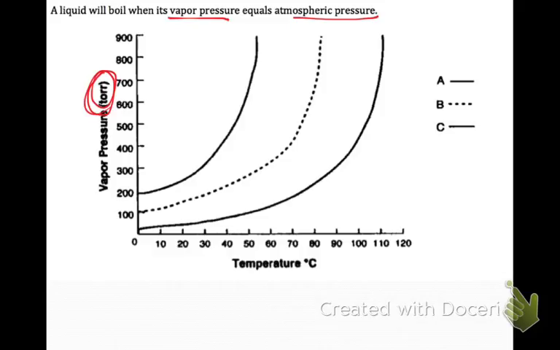So here I have my y-axis in torr, and recall that 760 torr is equal to 1 atm, or conditions at STP. So we can look at substance A, B, and C, and it may not be obvious on your paper. A and C might look exactly the same, so make sure that you label them appropriately.